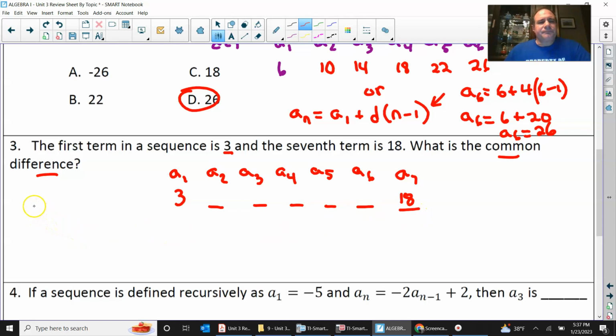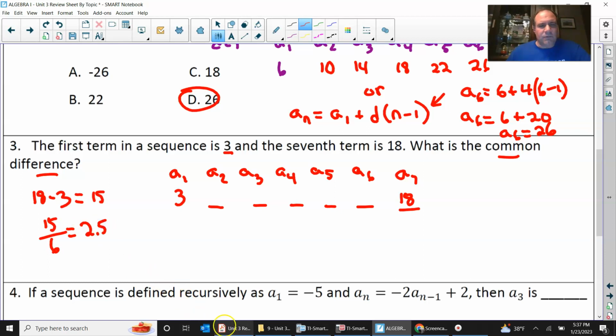So 18 minus 3 is 15. I have 6 jumps, so I'm going to just do 15 divided by 6, and that is 2.5.